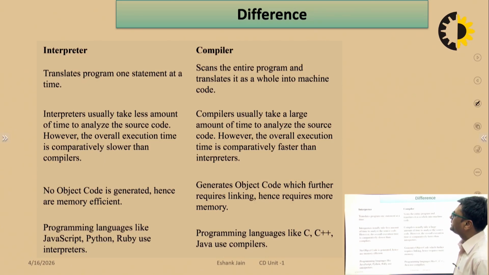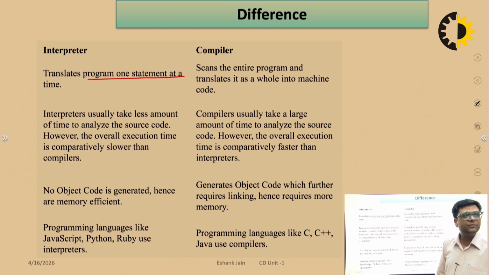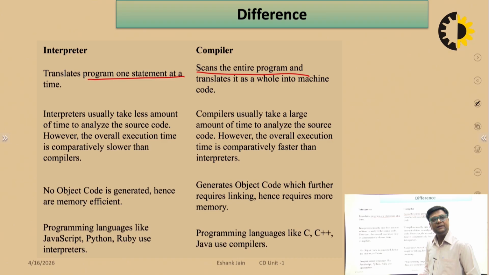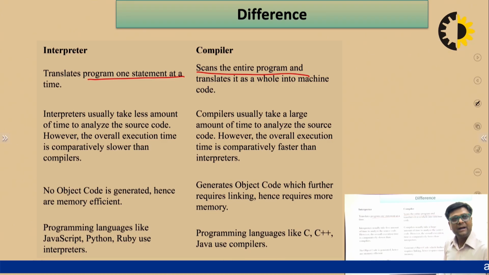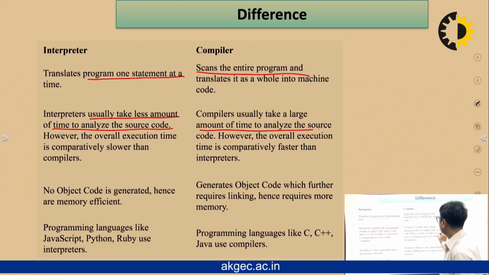Now, this is the difference between an interpreter and a compiler. An interpreter translates the statements one by one, and the compiler scans the entire program at a time and generates the machine code of the entire program. An interpreter takes less time to analyze the source code; a compiler analyzes the source code with a large amount of time.